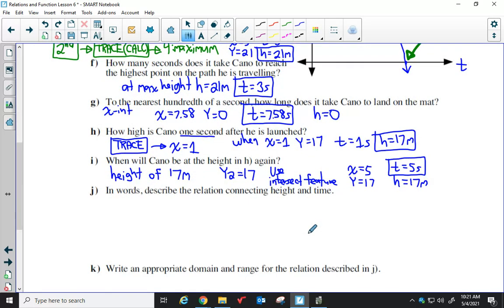J: in words, describe the relationship between height and time. What that's basically saying is that as time goes up, what's happening to the height? So what I can say is, as time increases, the height at first increases.